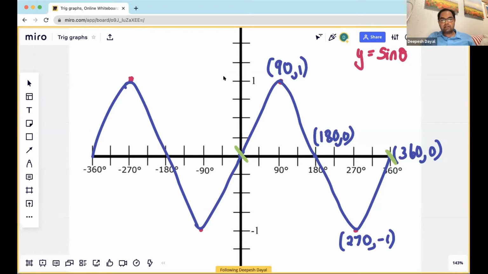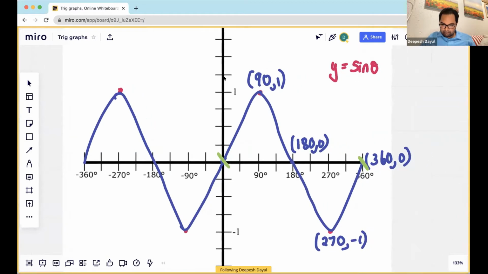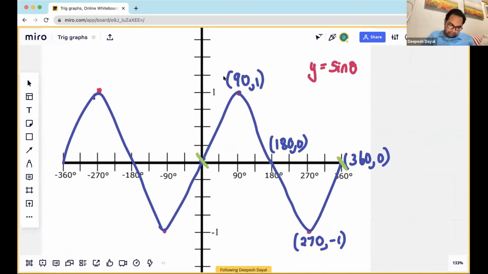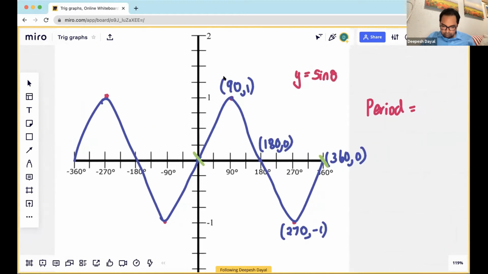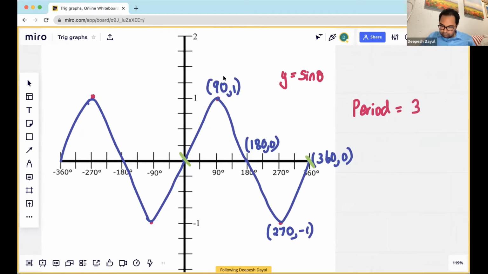So the period of this graph is 360 degrees. Okay, period of the graph. (360 degrees).